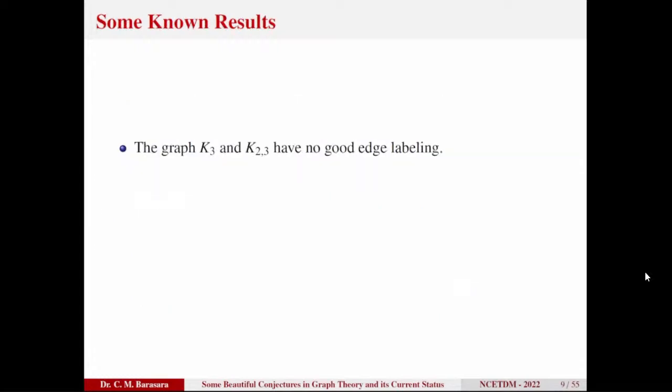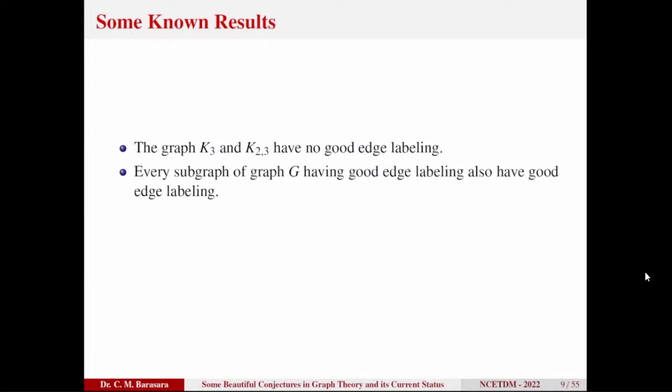Now, let us discuss some known results related to good age labeling. The graphs K3 and K2,2 are known to have no good age labeling. They are not good graphs. It has already been proved in that paper. And good age labeling has a hereditary property.